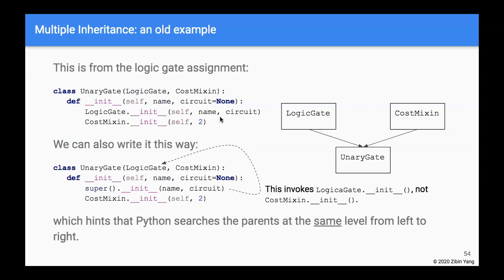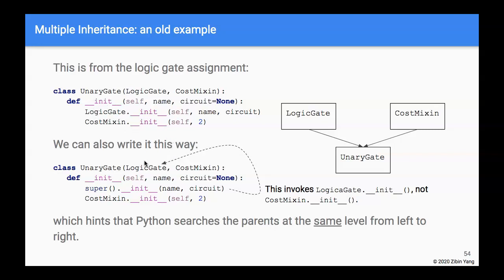We actually did deal with this problem before in our logic gate assignment, where, for example, the unary gate can inherit from both the logic gate and the cost mixin. At the time, I advised that in order to call the base classes' init method, we explicitly dereference the base class itself. So we explicitly say LogicGate.__init__ and CostMixin.__init__.